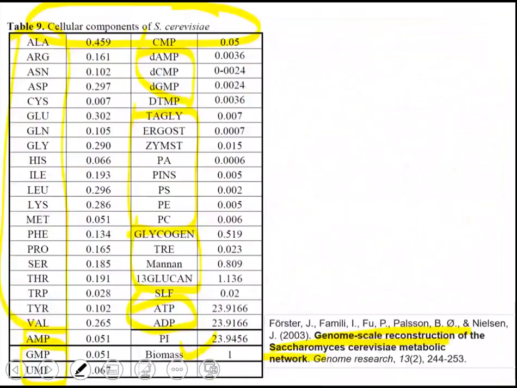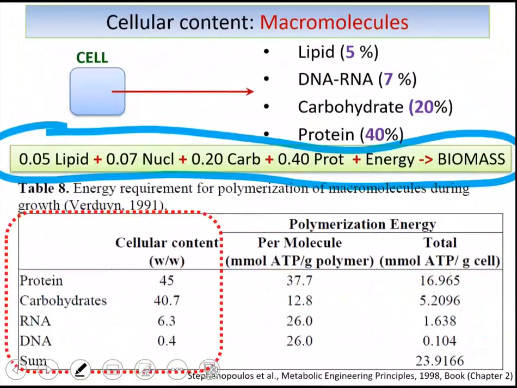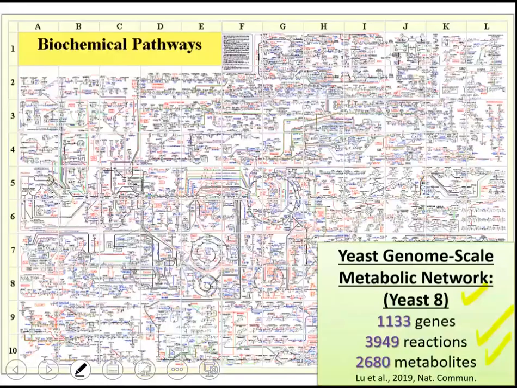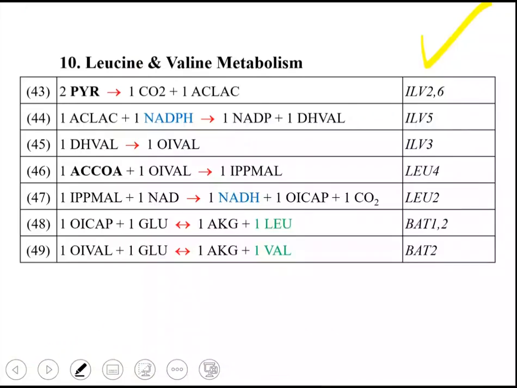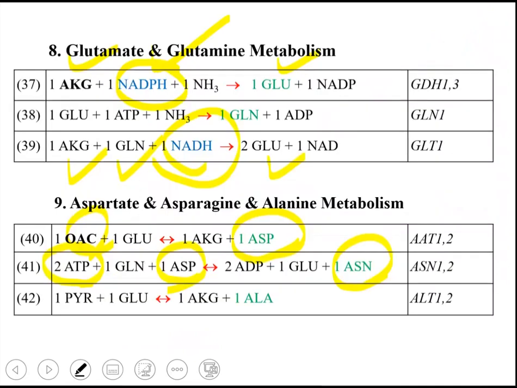So just to show you quickly what this means, I will go back a little bit. For example, leucine is a building block, right? And this is how leucine is formed. It requires 2 pyruvate, it requires one acetyl coenzyme A, it requires one NADPH, and it requires one glutamate. But glutamate is made up of one alpha ketoglutarate and one NADPH.